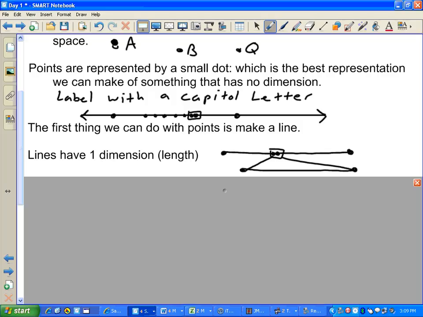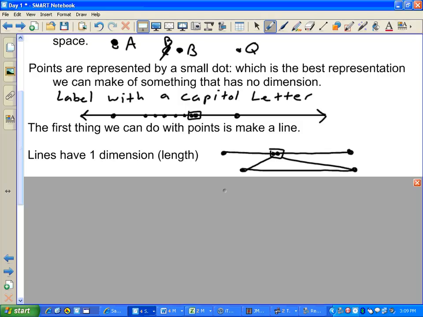The only time that 2 points will touch one another is if they happen to be the same point. So, if I say point B is here and point C is touching B, that means that C is actually B. No 2 points can ever touch because they're not taking up space. They just represent position. So they have to be in the same position in order to be touching.